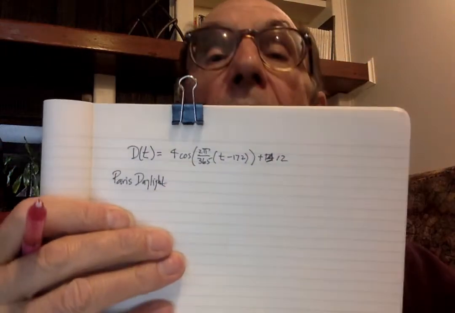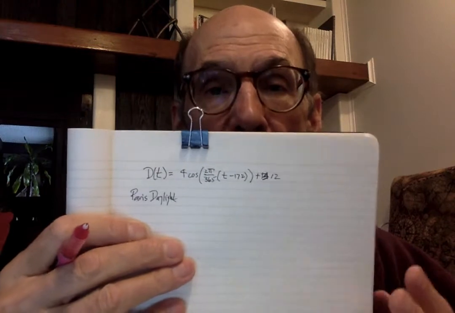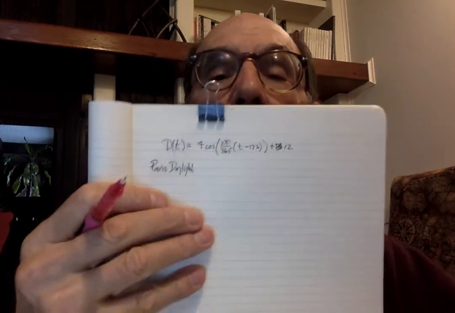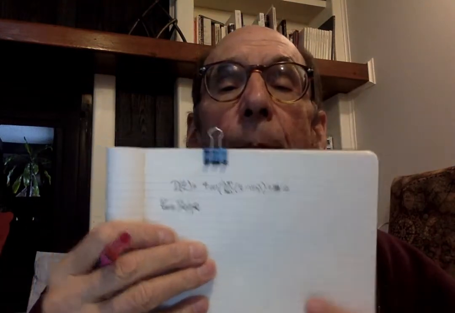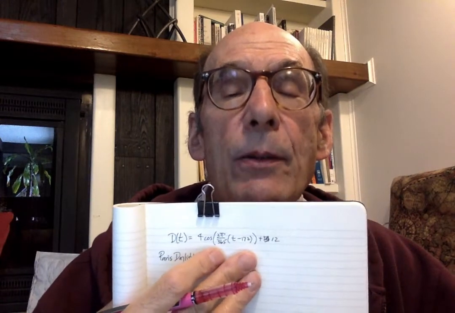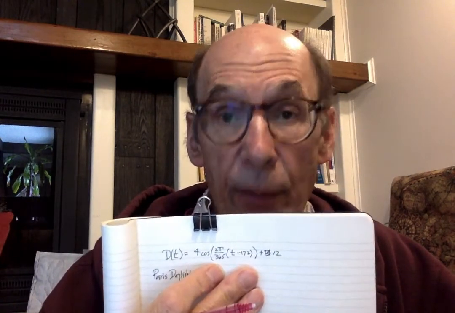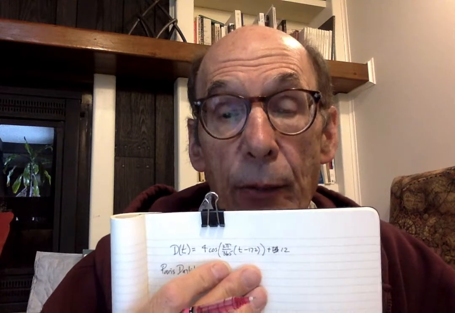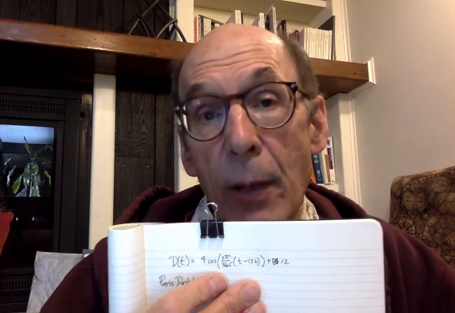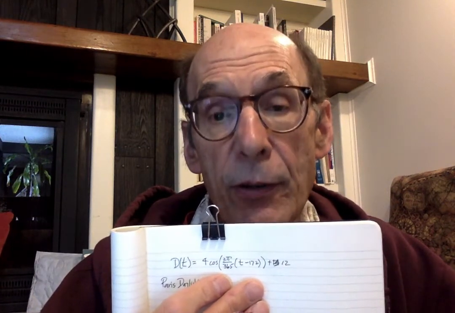Okay, so ignoring the cosine for a second, which is one of the things that sometimes you have to do when you're working with mathematical formulas, is ignore part of it and come back to it. If we look at this complicated expression, remember, I'm going to scan this. You don't have to worry about copying this down. You can pause it and look. What's happened here is that we've applied all of the tricks for modifying functions that were studied in pre-calculus and that we talked about before in the context of the basic functions.